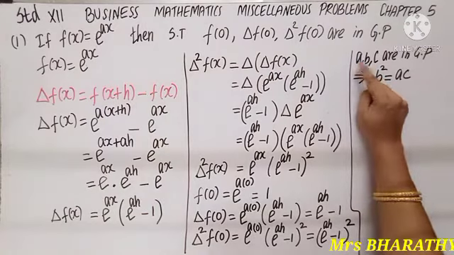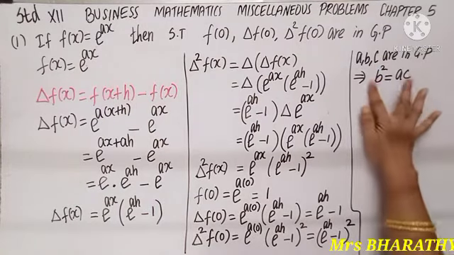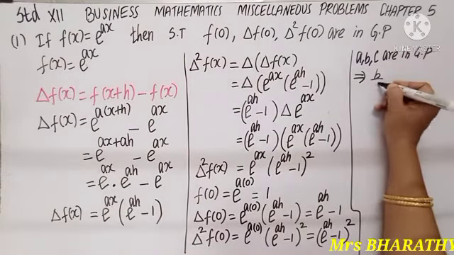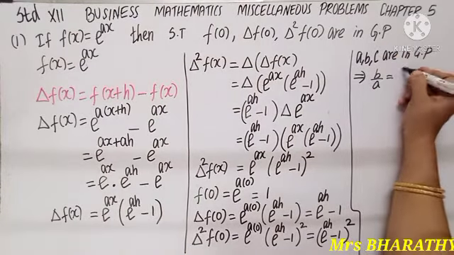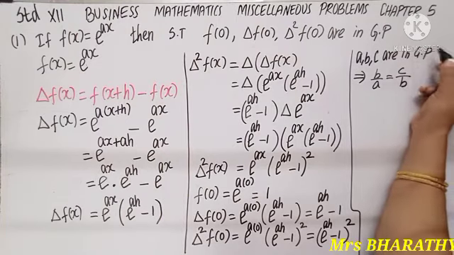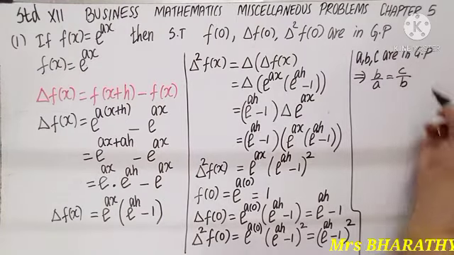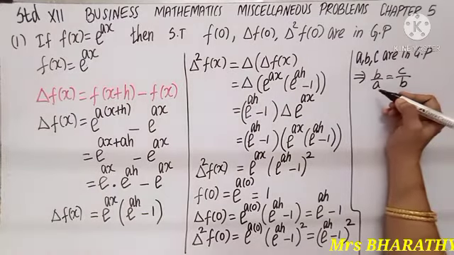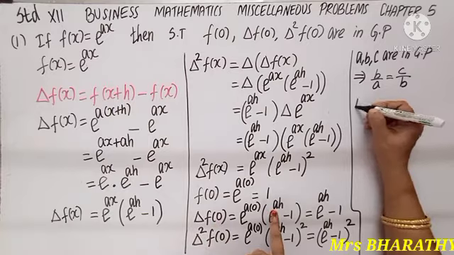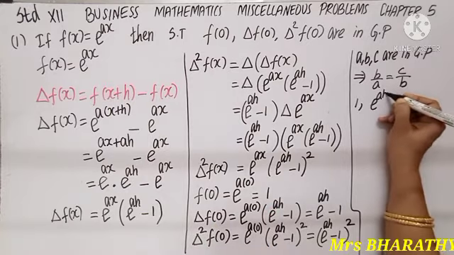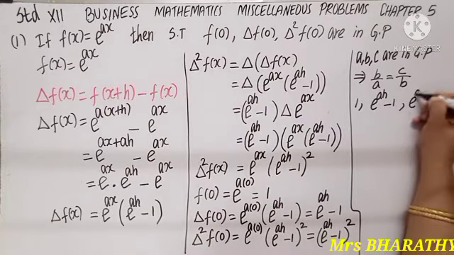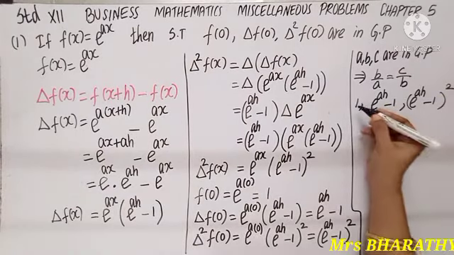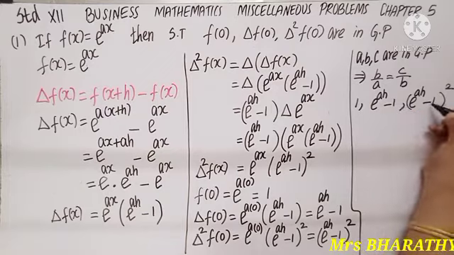Either B square equal to AC, or I can say second term by first term equal to third term by second term. GP is geometric progression which has a constant ratio. What is here? I have 1, e power ah minus 1, e power ah minus 1 the whole square. This is A, this is B, this is C.